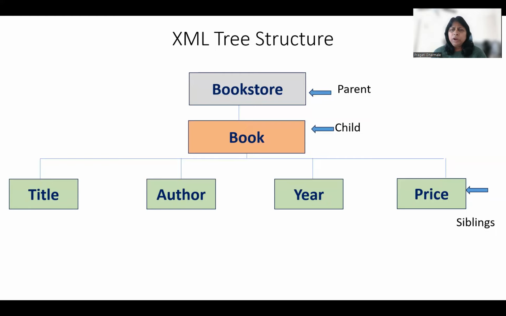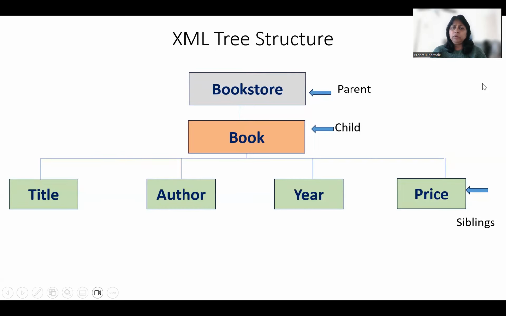What that means is it is similar to how a tree structure is there in a family, like grandparents, then parents have kids, and then the children are all siblings, right? So if you have to create an XML document, you have to first identify a parent or a root element.